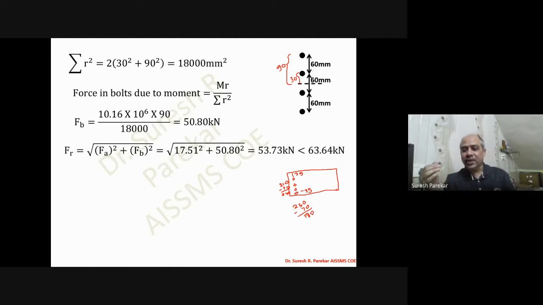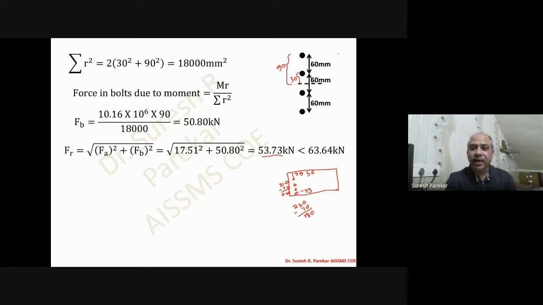So I had considered bolt diameter 20 millimeter. I calculated the value, but this criteria is not satisfied. Therefore, I have changed bolt diameter to 24 millimeter, and then I calculated, and by considering 24 millimeter, this value comes 36 millimeter as end distance, but I kept it as it is, that is 35 millimeters, and then I calculated the value, because not much change will be there if we consider 35 or 36.